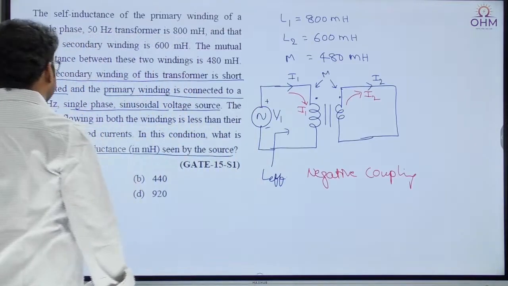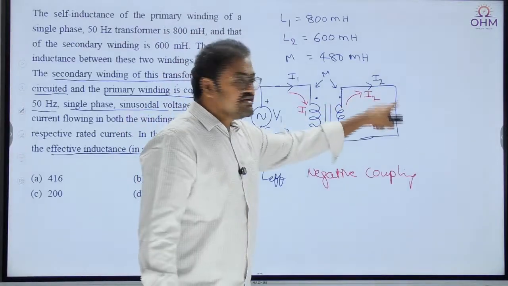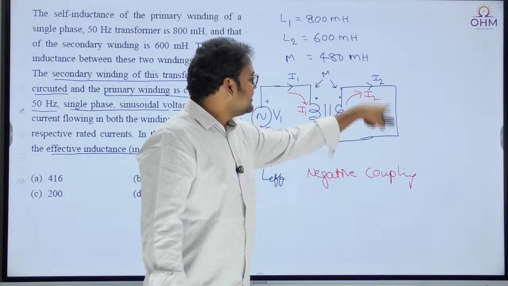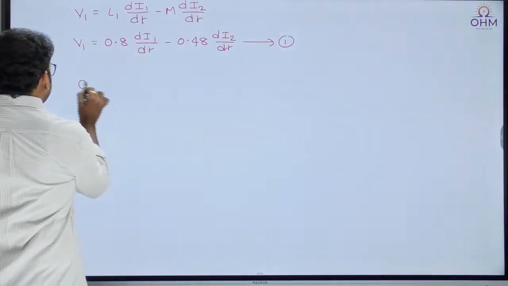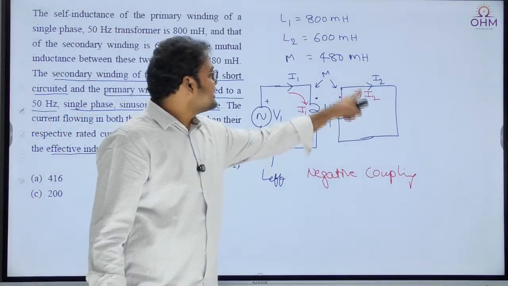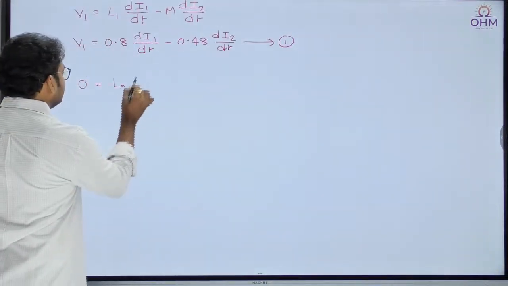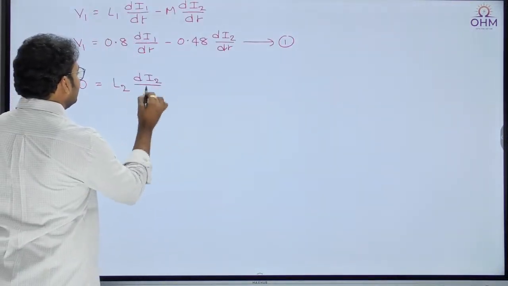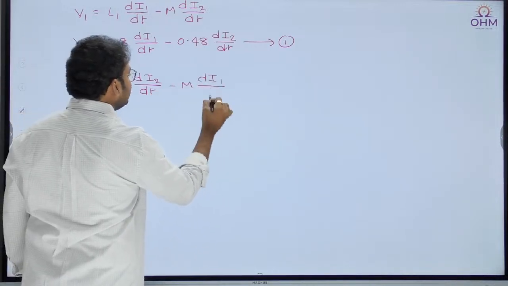Next, let us go to the KVL equation on the secondary. But remember, the secondary was a short circuit. Therefore, what is the voltage across a short circuit? 0, right? 0 is equal to, let us write the self EMF first. Self EMF on the secondary is L2 into dI2 by dt minus M into dI1 by dt.